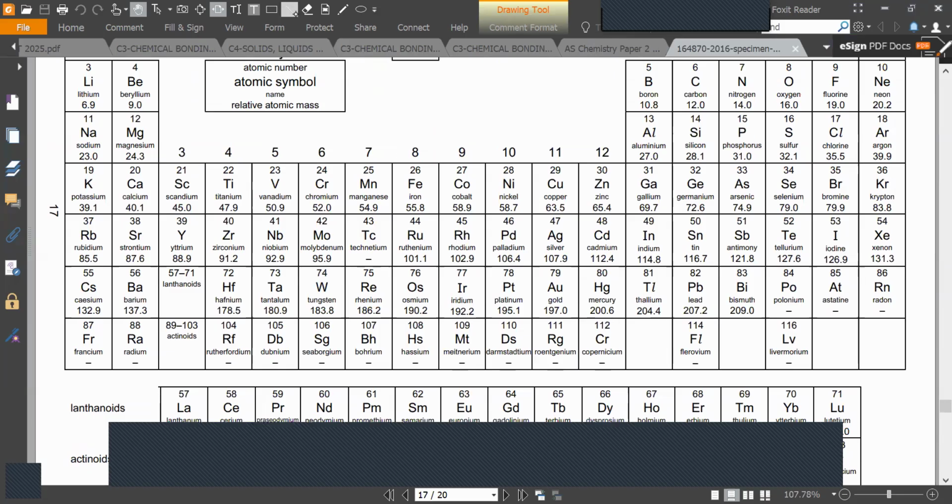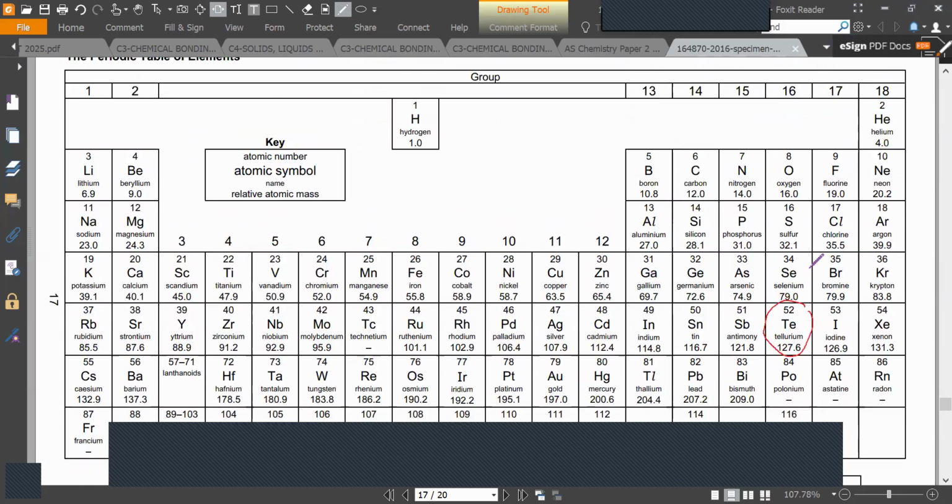Te is here, period 1, 2, 3, 4, 5. So period 5, which means it has additional empty orbitals, extra d orbitals, to expand the octet. So it's possible to have more than 8 electrons around the Te.